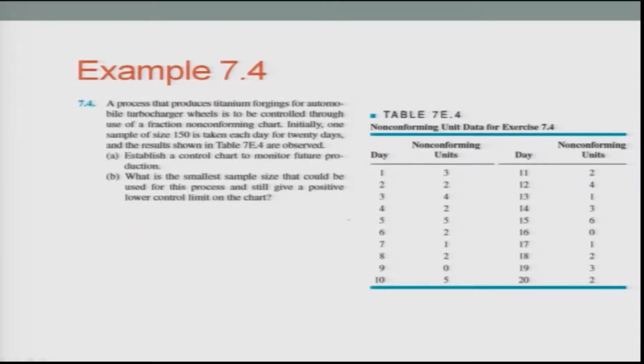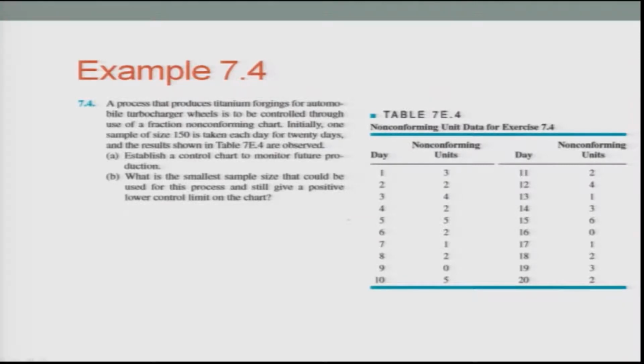Here you have day 1, non-conforming units is 3, then day 2 the non-conforming unit is 2, day 3 is 4, and so on and so forth till the last 2 days, which is the 19th, non-conforming number is 3, day 20 non-conforming is 2.